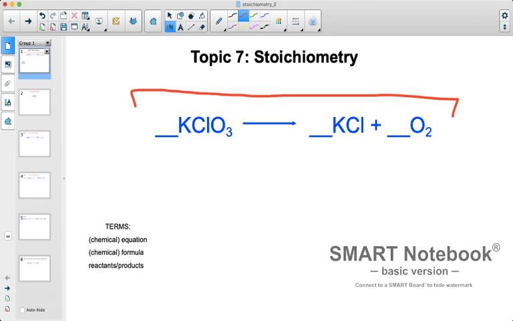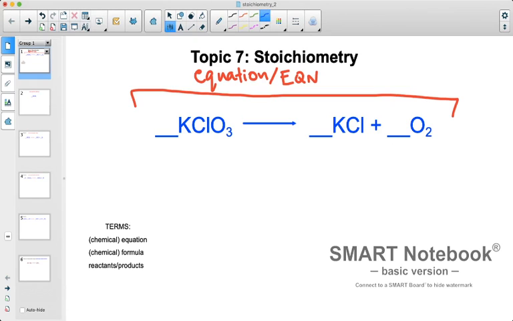Now, often when we speak, we dump the word chemical and we just say this is an equation. Oftentimes you'll see me shorthand equation as EQN. That's the shorthand for equation. Now, within every chemical equation, there can be many chemical formulas.